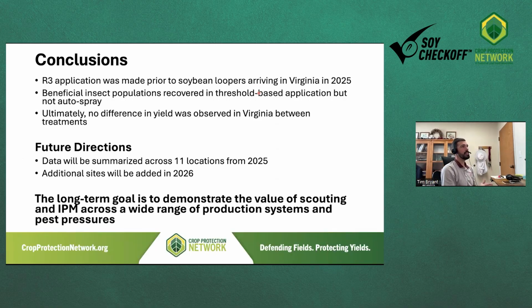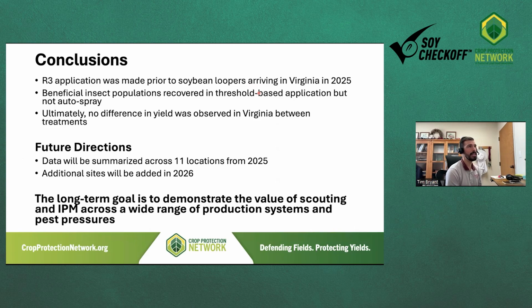Just to summarize here, in Virginia, our R3 application was made prior to soybean loopers arriving in these plots, which was the only pest that reached an economic threshold. So this automatic application was really before anything showed up that would need to be managed.